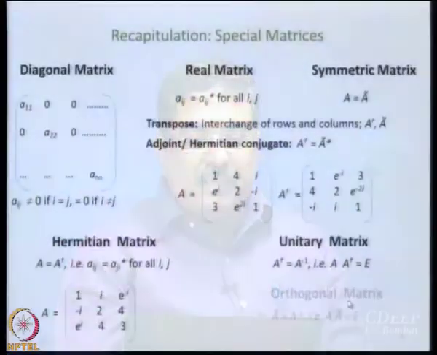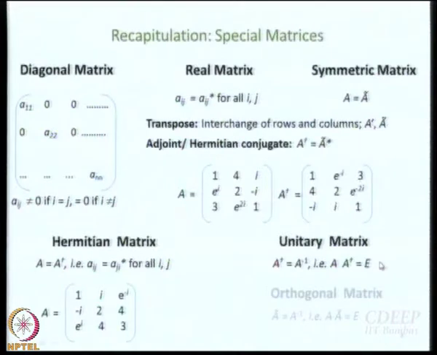So if A dagger equal to A, then A is Hermitian. If A dagger equal to A inverse, then it is unitary. Another way of putting it is that A A dagger equal to E. And here we had given an example of Hermitian matrix also, alright.